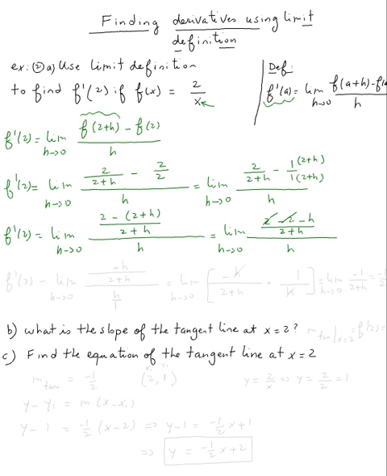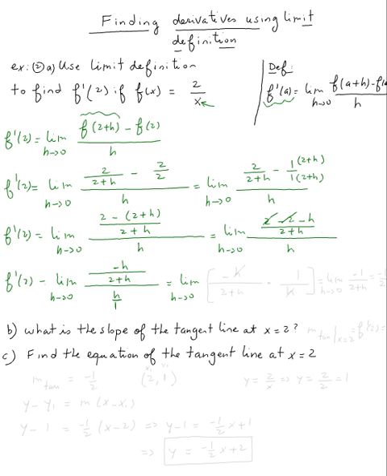I'm going to cancel 2 minus 2. So f prime of 2 is equal to the limit of negative h divided by 2 plus h, over h, as h approaches 0. Now this is the same thing as dividing by h over 1. So now I'm going to use division of fractions.